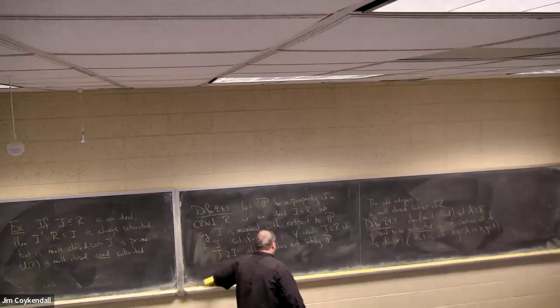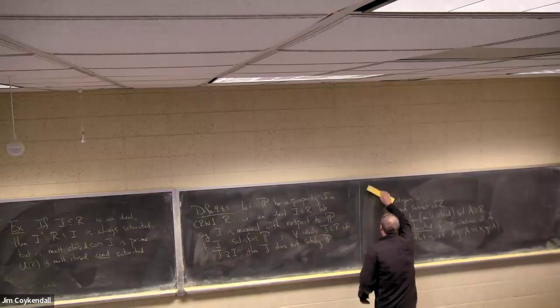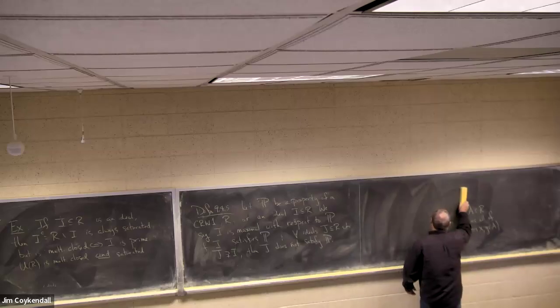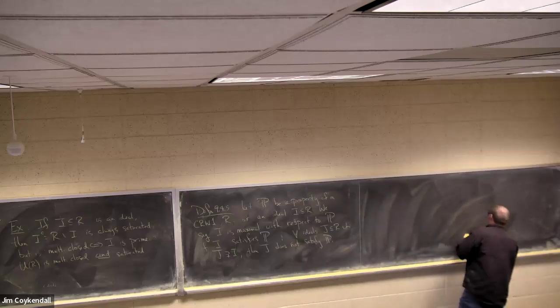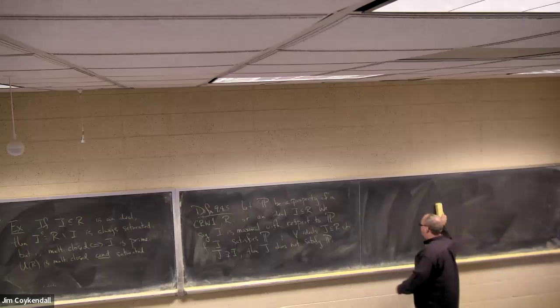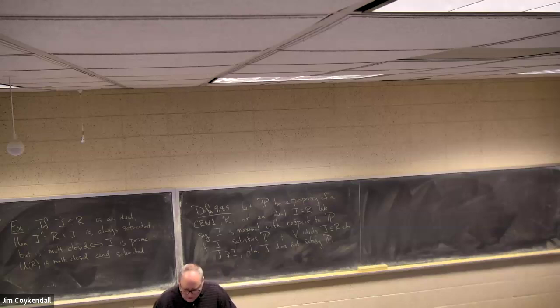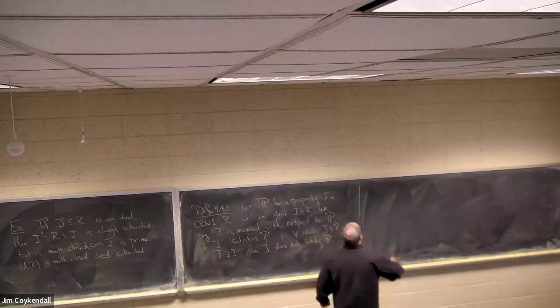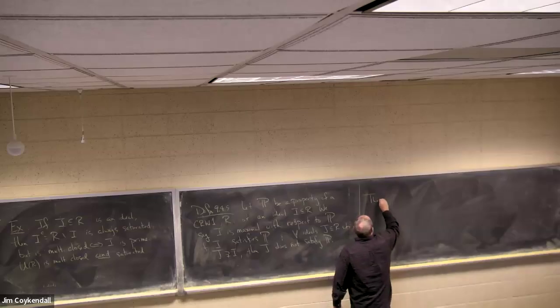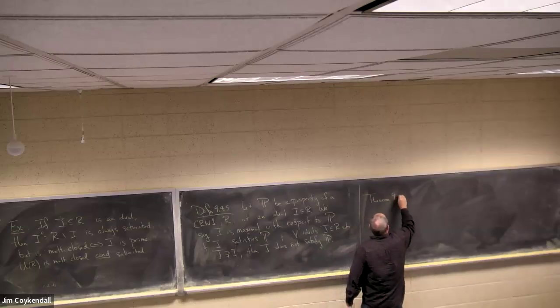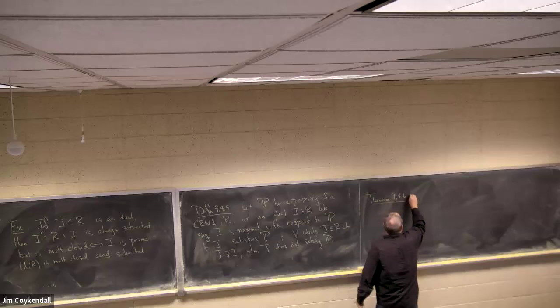This is the theorem that I said that you could use in the homework for this week. You just quote it. I'm not going to prove this one, this is a homework exercise. The next one is the piece that I want.